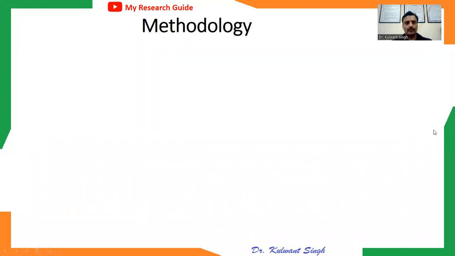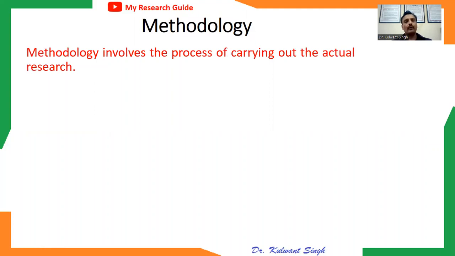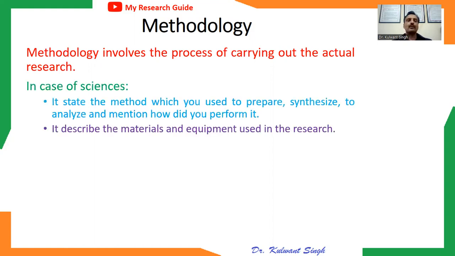Next is methodology. It involves the process of carrying out the actual research. So in the case of science, it states the method which we are using to prepare, synthesize, analyze, and mentions how we performed the research work.